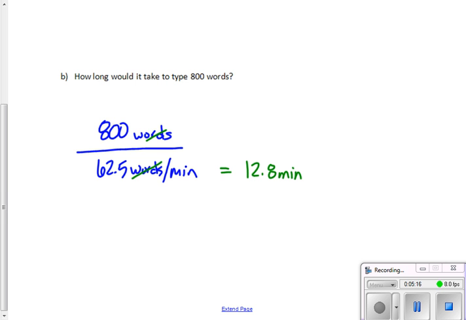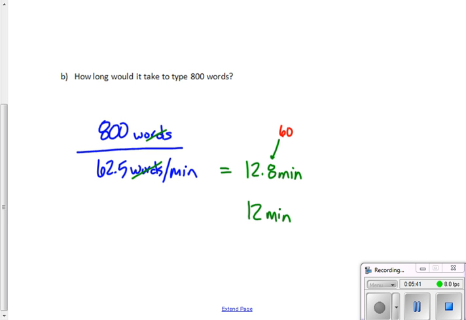The words would cancel out. You're left with minutes. Now when you write time, you don't put down 12.8 minutes. So we need to figure out, well, what is 0.8? Well, it's going to be 12 minutes, and 0.8, we need to determine what is that. We know that there's 60 seconds in a minute.